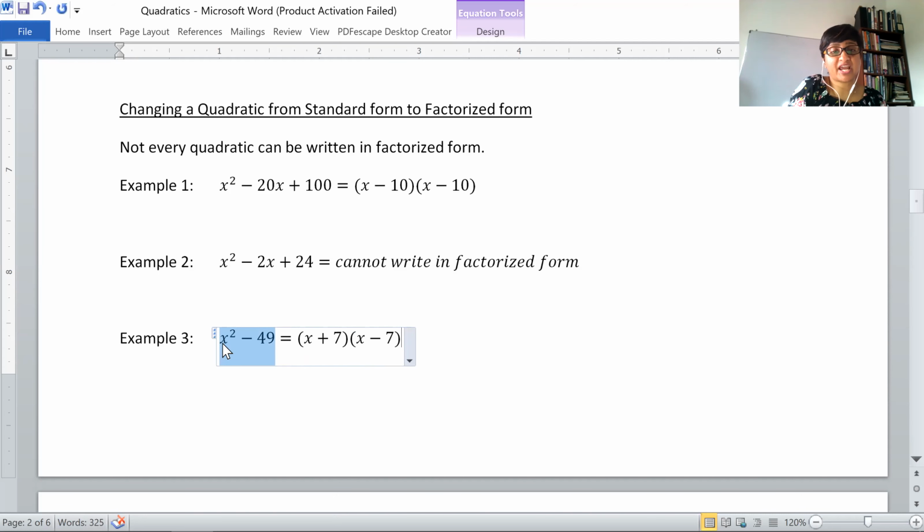This form, which is a standard form, is already the complete square form too, because you already have x squared and just a number. It is already written in complete square form. For that, standard form and the complete square form are the same.